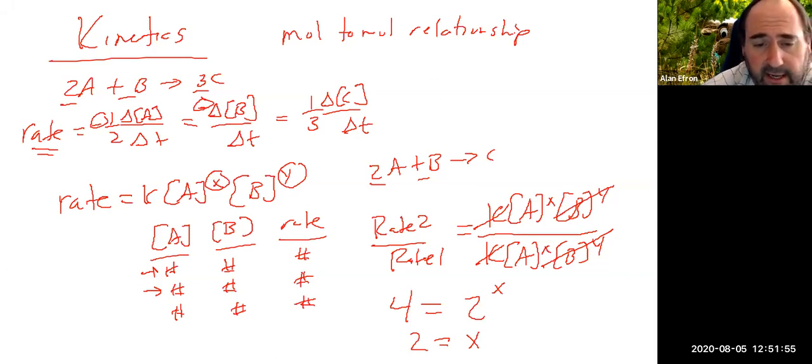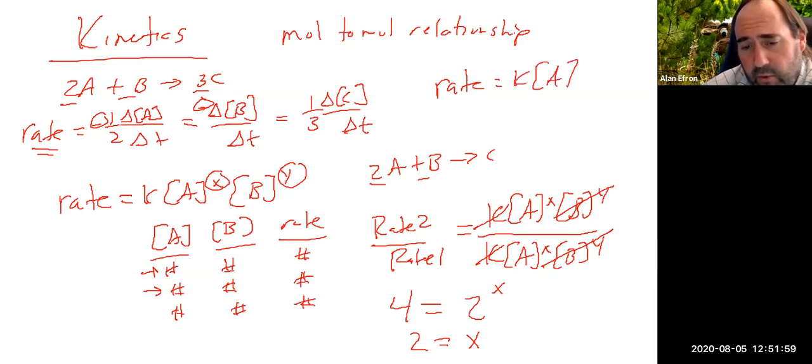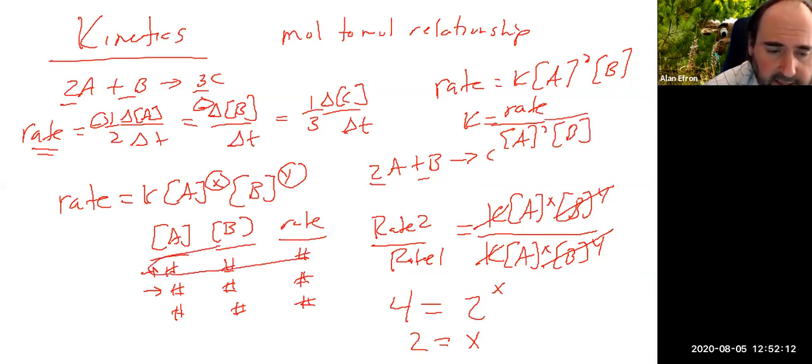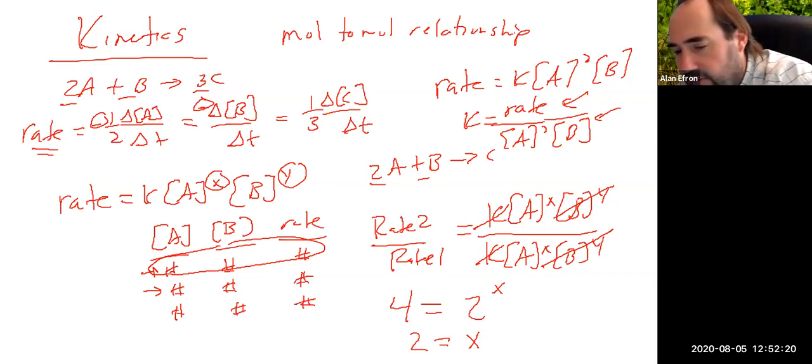So once you get a completed rate law, say that the rate equals k[A]^2[B], you could go back into this and solve for k. And again, you could choose any entry you like, entry 1, entry 2, entry 3 from the table to get all these numbers. And then when you solve for it, it will give you the actual value of the rate constant.